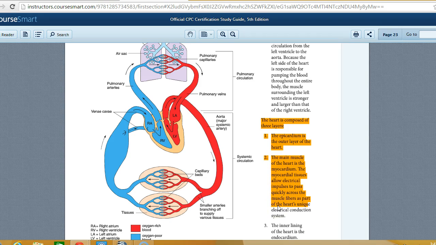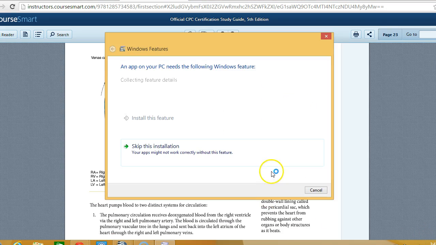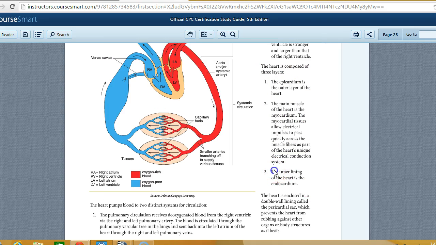Now, know that your heart's natural pacemaker is called the SA node, the sinoatrial node. This is the heart's natural pacemaker. Then you have the inner lining of the heart, and that is called the endocardium. Okay, the inner lining of the heart is called the endocardium.